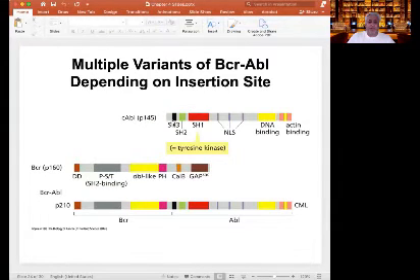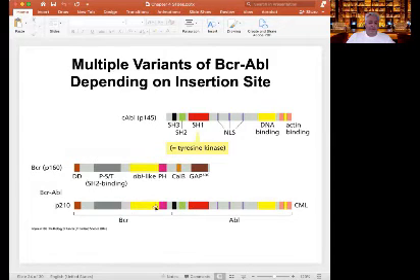So here's another example where we have different combinations of breakpoints possible, right? We have these domains. These domains are very important in binding tyrosine kinases, or tyrosine kinase activity. And by reshuffling the genes, you end up with a different combination of DNA domains or protein domains in the final protein.